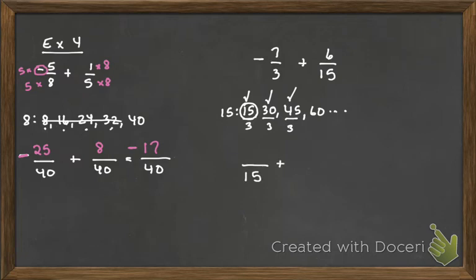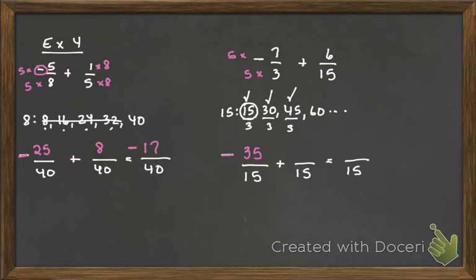And I'm going to write it down here just like I was before. And I'm going to carry it over just like I did before. What I'm going to notice is that that first fraction is a negative. So now all I have to do is adjust each numerator accordingly. Okay? In order to get from 3 to 15, I multiply by 5. So that means that I multiply the numerator by 5. 7 times 5 is 35, and I already had my negative there.